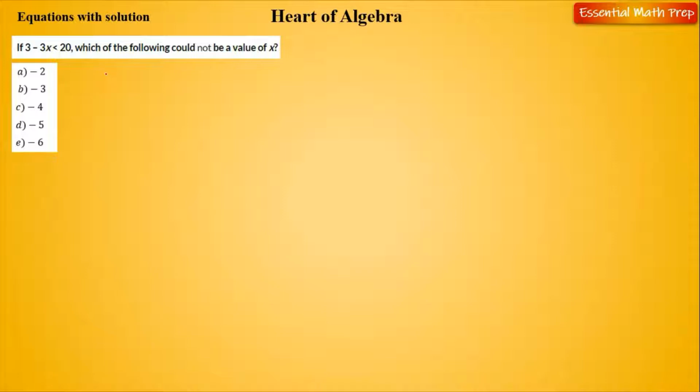So we have 3 minus 3x is less than 20, right? We want to get rid of the 3 first, and we can do that by adding -3 on both sides, which would make it less than 17. Now we have to get rid of the negative and the 3.